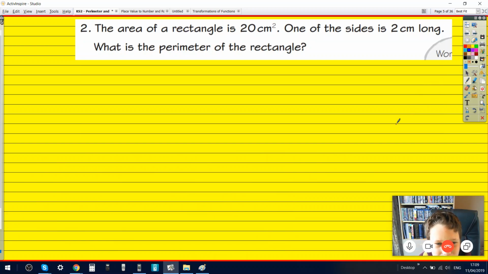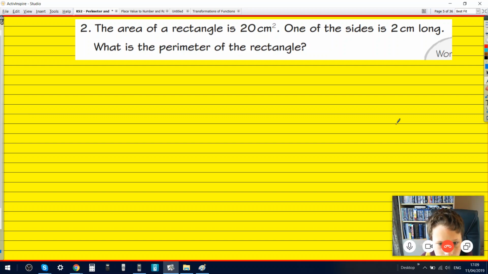Okay, how do we do this? The area of a rectangle is 20 centimeters squared. One of the sides is 2 centimeters long. What is the perimeter of the rectangle? So for the perimeter, we would need to do 20 plus... Hang on.